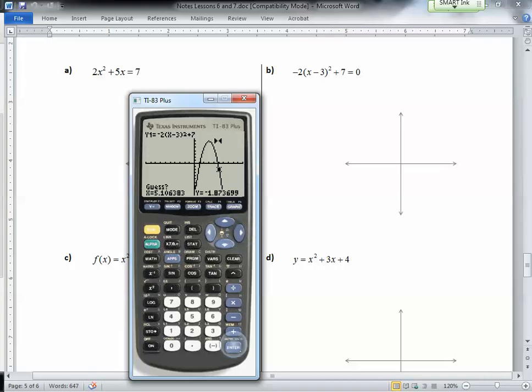I hit enter again. I hit enter for the guess. 4.87082887. There you go. What would that be if I rounded it to the nearest hundredth, Ben? 4.87, like I just said. Good job.